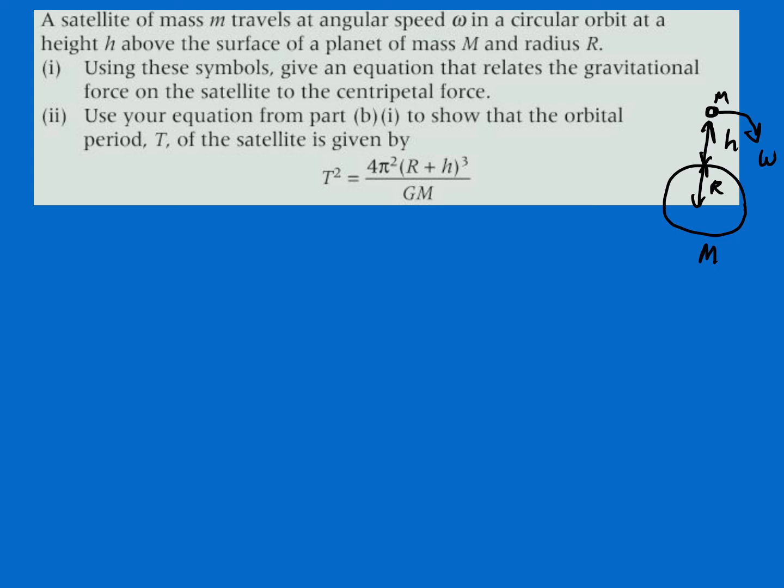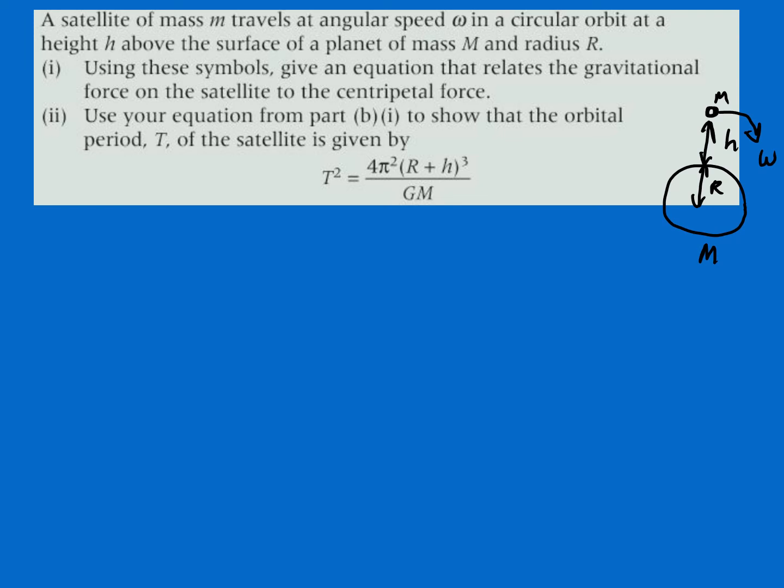Okay, so what we need to do is think about the start of this session. At the start of the session, we said you can equate the centripetal force to Newton's law of gravitation. So the gravitational force can be equated to the centripetal force. This is sort of a recap back to circular motion.